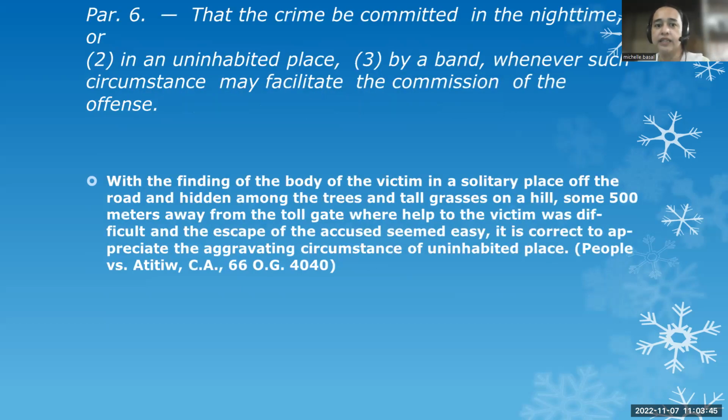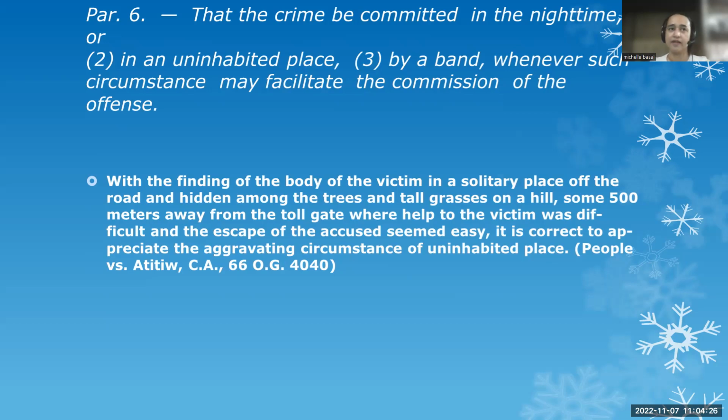Okay, number 6, that the crime be committed in the nighttime, or in an uninhabited place, or by a band, whenever such circumstance may facilitate the commission of the offense. Example, with the finding of the body of the victim in a solitary place off the road and hidden among the trees and tall grasses on a hill, some 500 meters away from the toll gate where help to the victim was difficult and the escape of the accused seemed easy, it is correct to appreciate the aggravating circumstance of an uninhabited place.